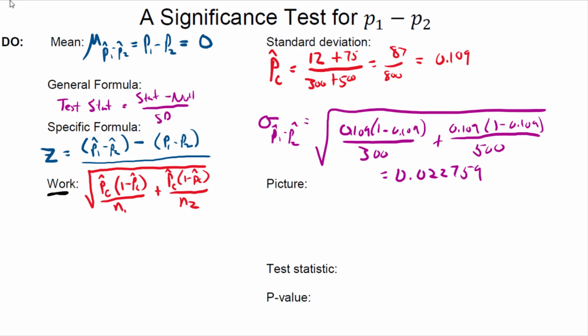All right. So now, for the actual work part, we'll do the work right here. For our z-score, we're going to simply take our p1 hat minus p2 hat, which we got for a value of negative 0.11, minus our null, which is 0, all divided by 0.0227959.